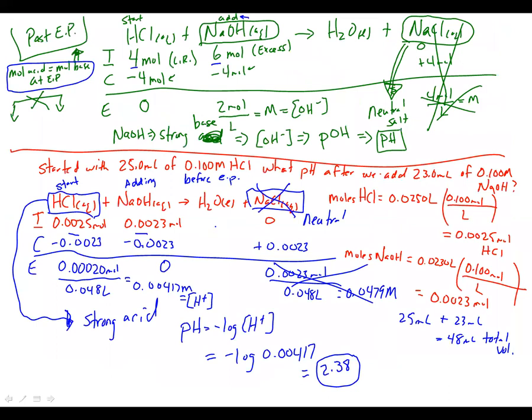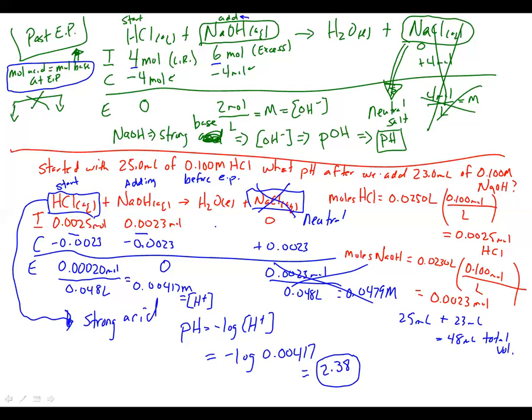So a couple things before we finish up here, just to make sure everybody's very clear in terms of what we're talking about. All the calculations that we have just talked about for this titration are specific for a titration between a strong acid and a strong base. So these calculations and how we did them are specific for this type of titration, which again is only a strong acid and strong base.